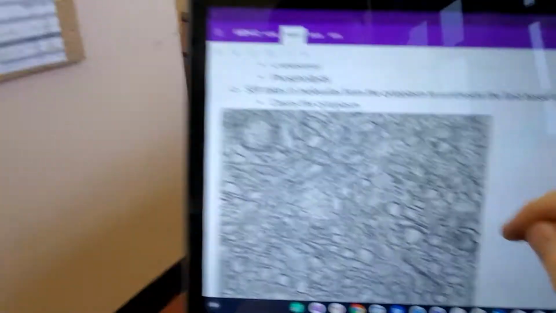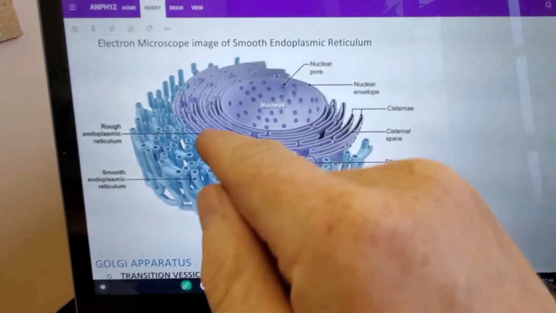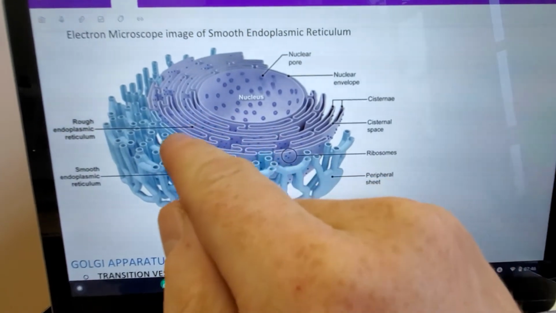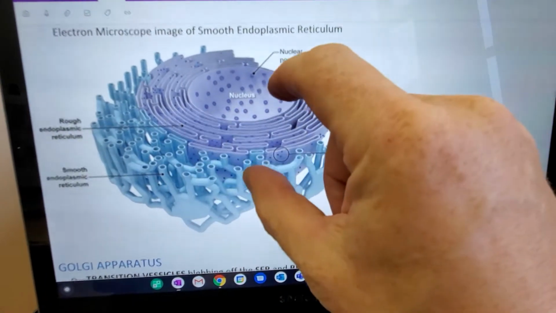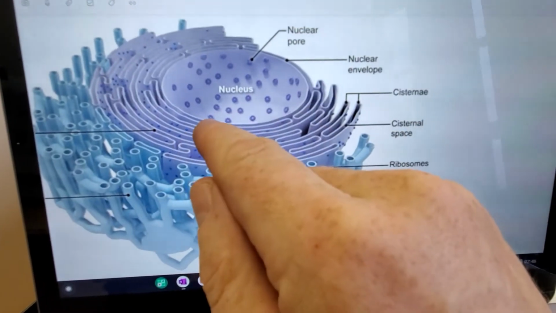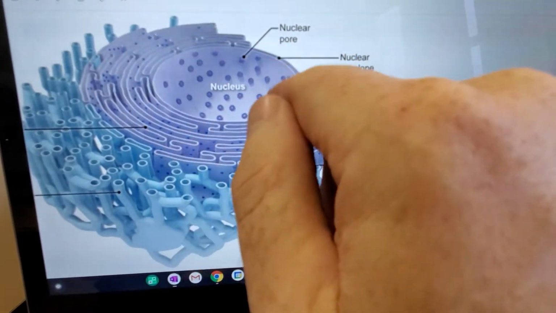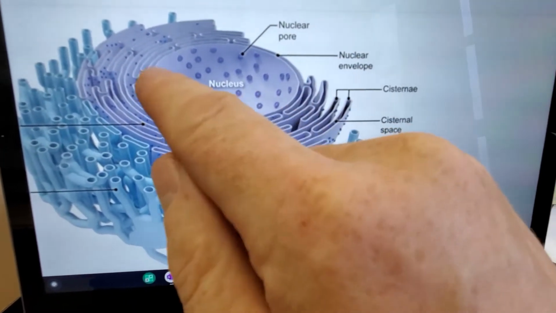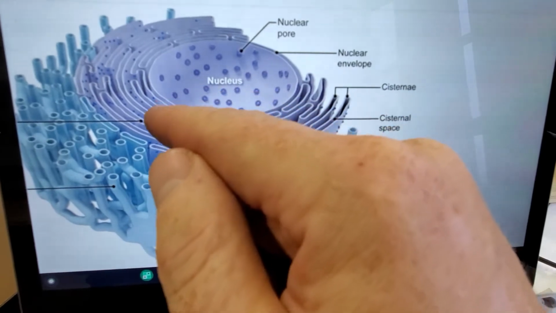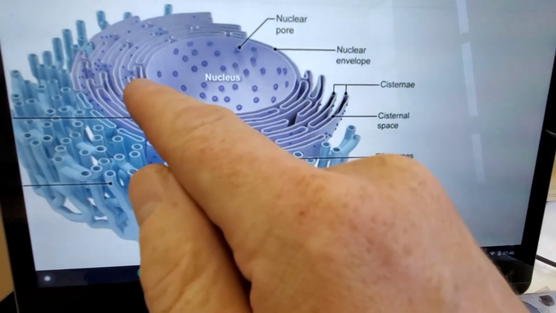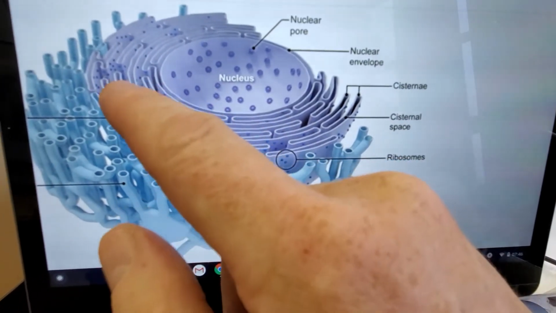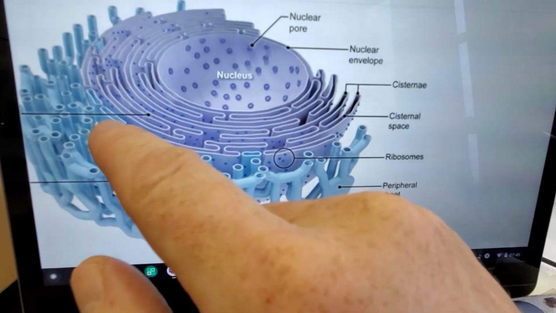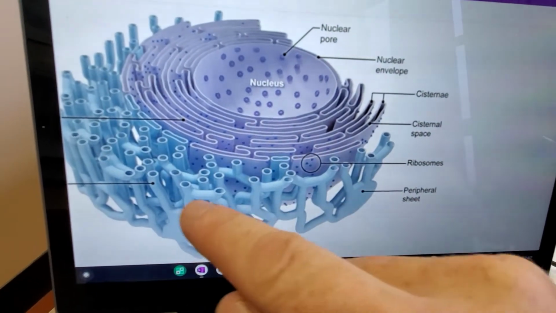So let's go back to our little overview. So look, this is all continuous. It's all connected. So first domain, the outer membrane of the nucleus and the perinuclear space. Then the second domain is connected right to it, the rough endoplasmic reticulum, and then connected right to that is the smooth endoplasmic reticulum.